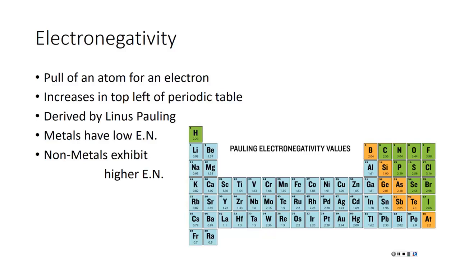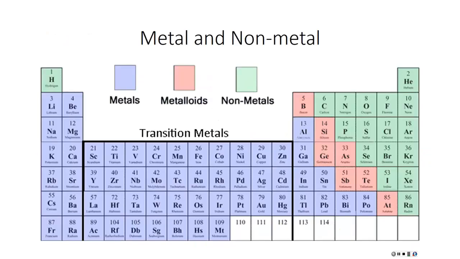So metals of the periodic table are on the left side. On the left side of the periodic table, all of this is metals. And then over here, this is nonmetals.